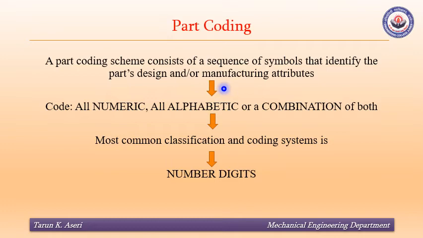We are going to assign a number to a certain part so that from those digits, those numbers, we can easily identify which kind of design attributes and which kind of manufacturing attributes the part has. The code may be all numeric, all alphabetic, or a combination of both. The most common classification of coding system is number digits.